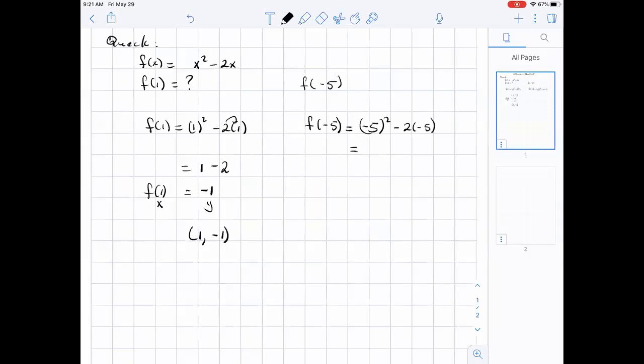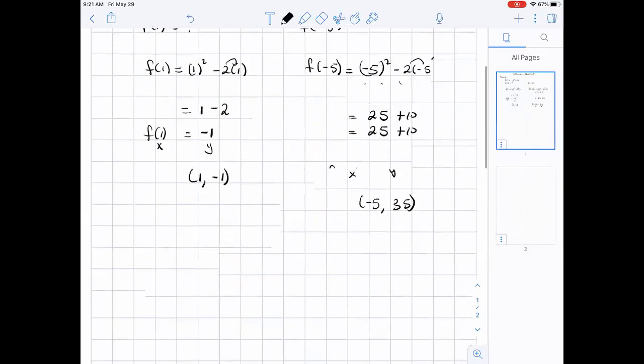Keep in mind, negative 5 squared means negative 5 times negative 5. So this is 25, and a negative 2 times a negative 5 becomes plus 10. So f of negative 5 becomes 35. Keep in mind, this is the x and that's the y. So it's very important that you guys understand what's happening.